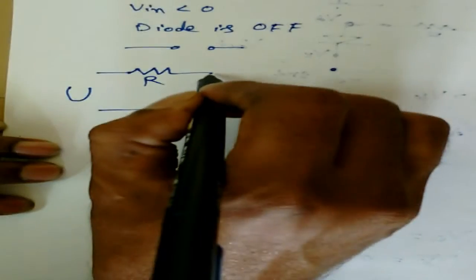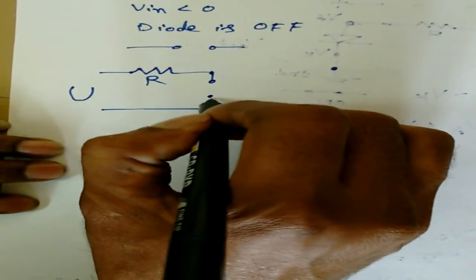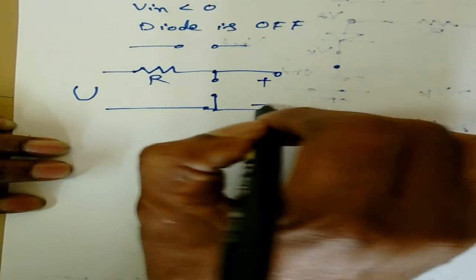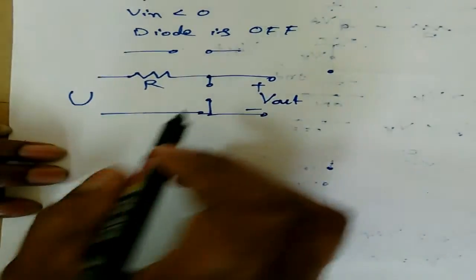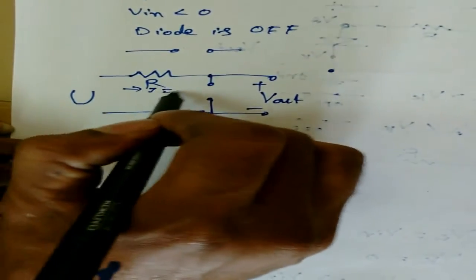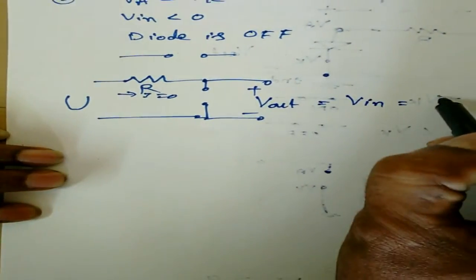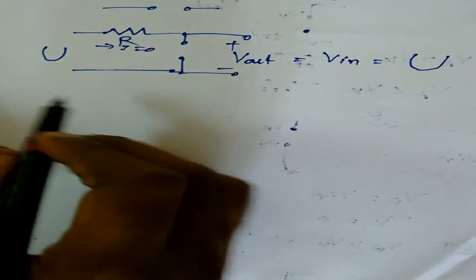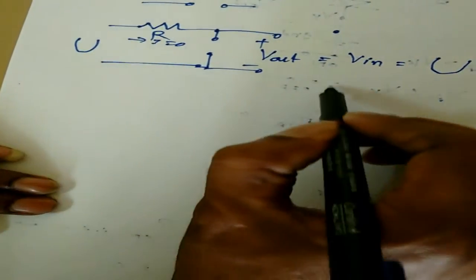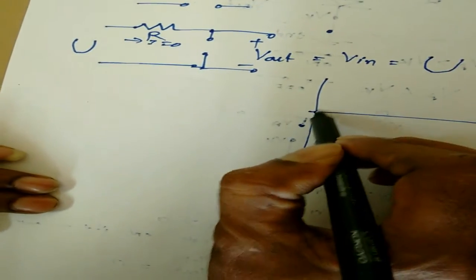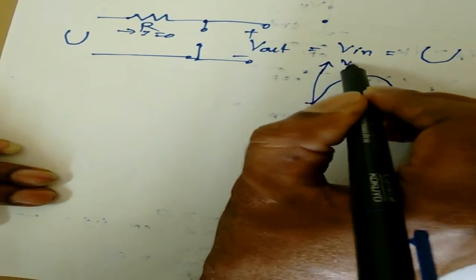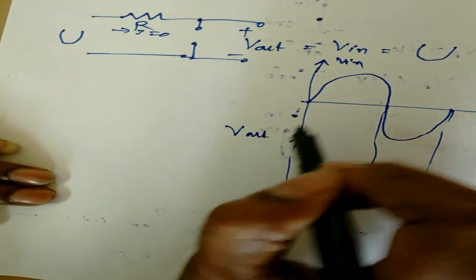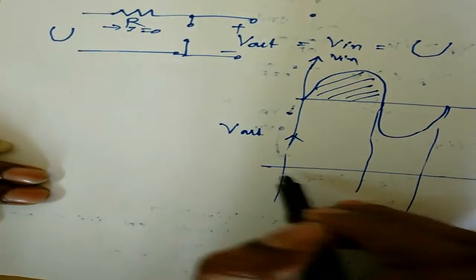So whenever we give a negative half cycle, the diode is off, that is an open circuit, something like this. Now what is Vout? There is no closed path, so no current flows, I equals 0, and Vout is simply equal to Vin, that is the negative half cycle. Now if you want to draw the output waveform, this is the input Vin that we are given, and if we want to draw Vout, for the positive half cycle we got simply 0.